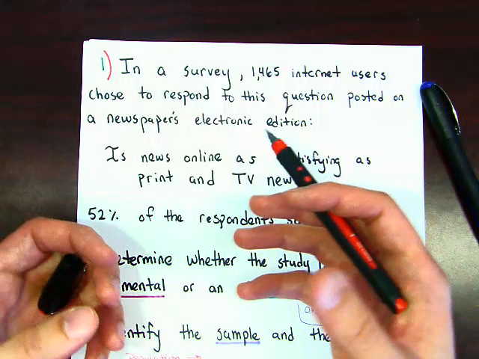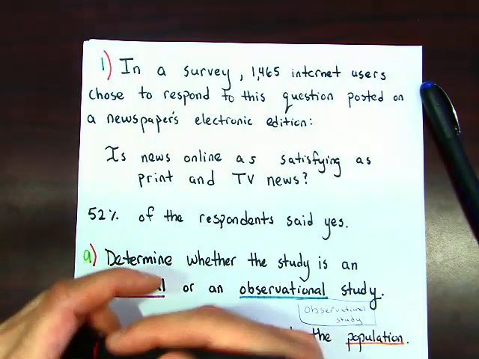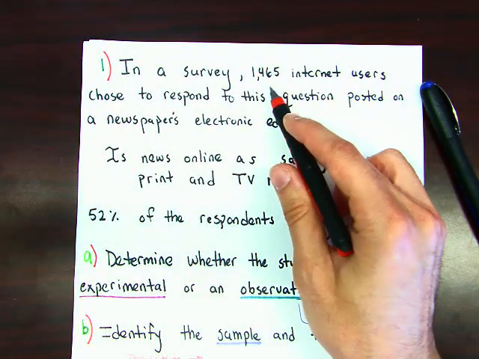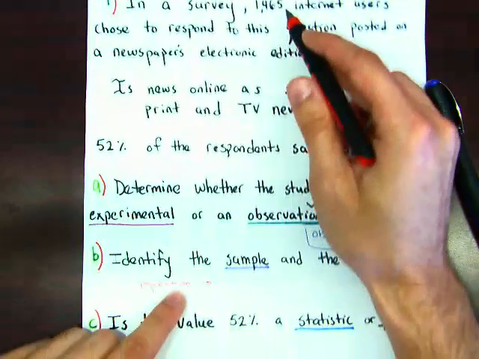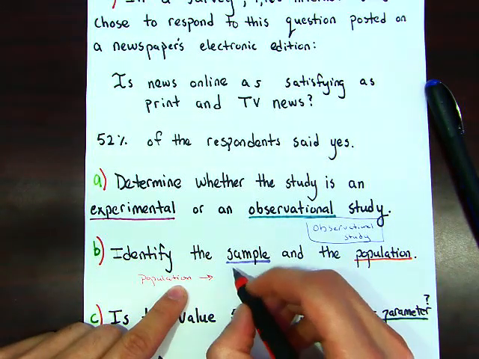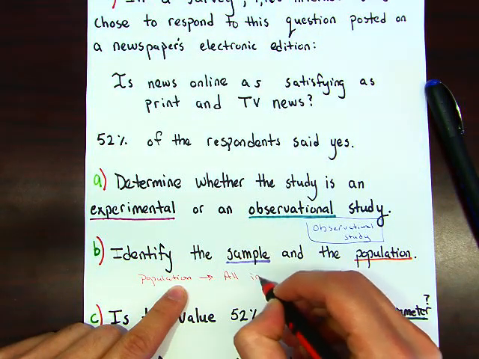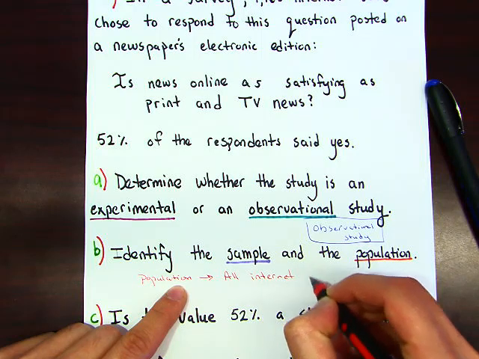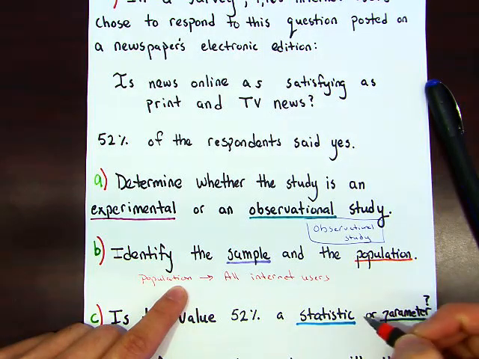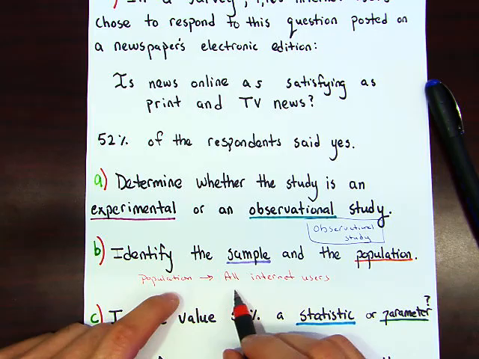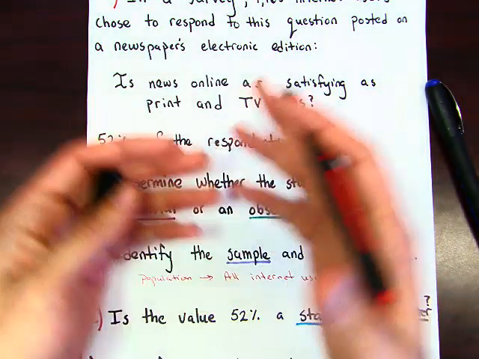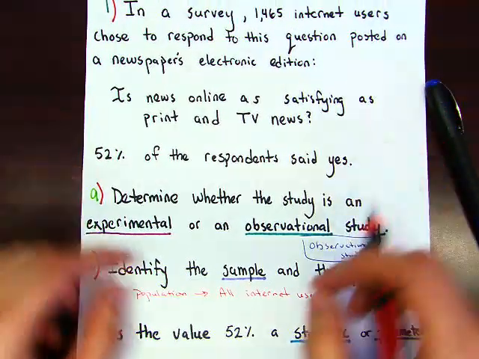This is all the people being studied, and you would think that this is the population, but it's not. In fact, the population would be all internet users, because the population is talking about the grand scheme of things.